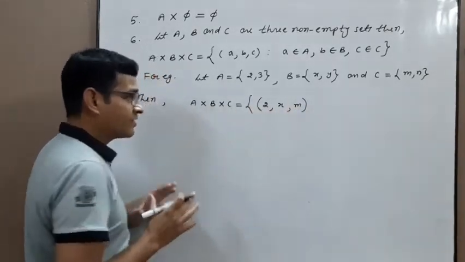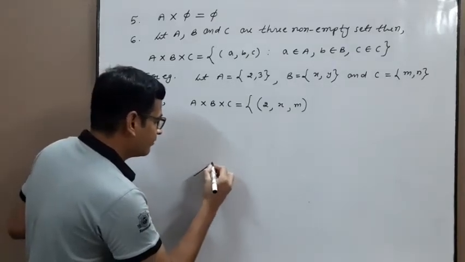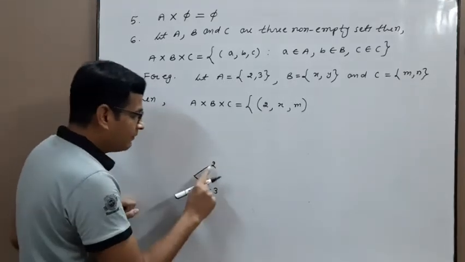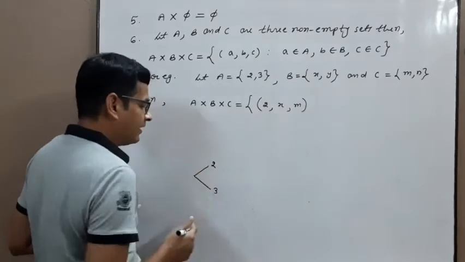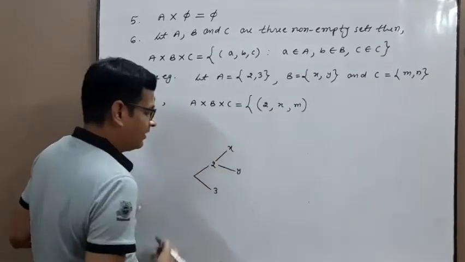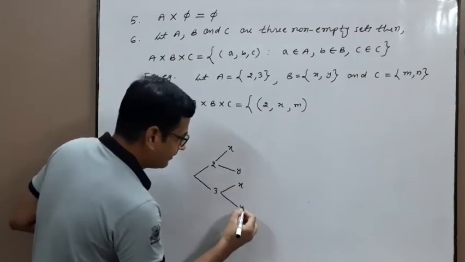For this you can use a tree diagram also. The first place can be filled in 2 ways, by either 2 or 3. So write 2 or 3. When we fill 2, then the second place can be filled by x and y. With 2 we can write x or y. With 3 also we can write x and y.